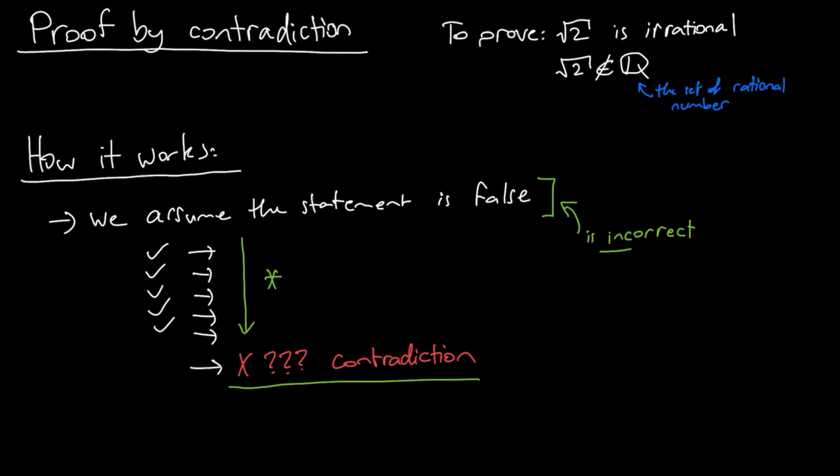So it must have been our initial assumption which was incorrect, and that's how we led to this confusing contradiction. And by laying it out in this way, we prove that that initial assumption is incorrect, so the statement is true. So keep this overall structure in mind as we look at our example.